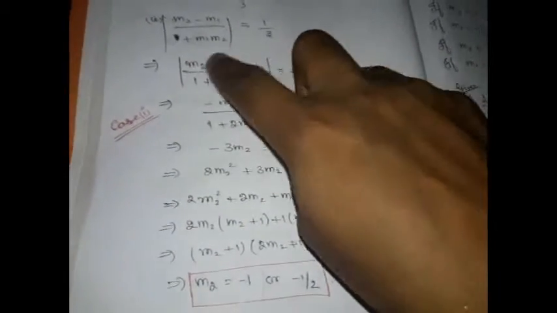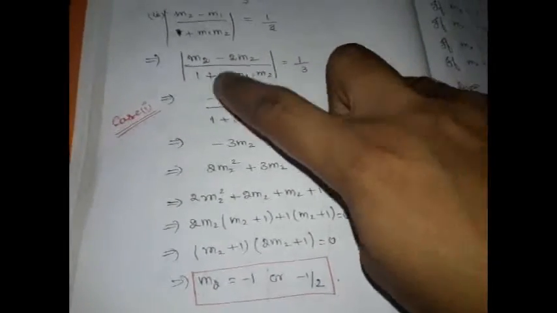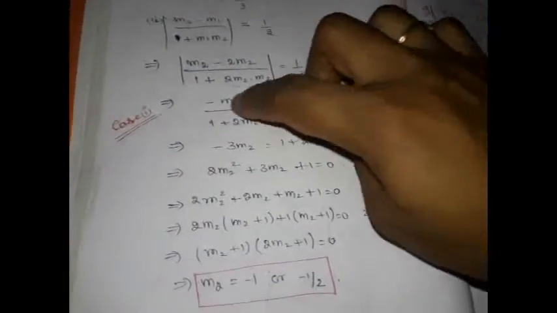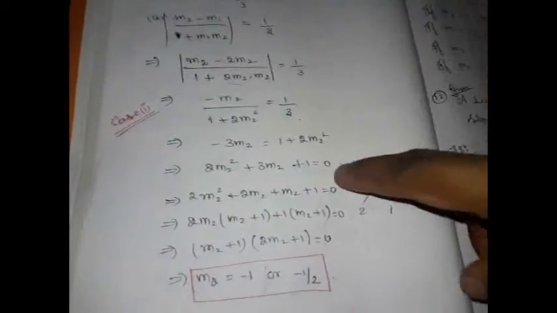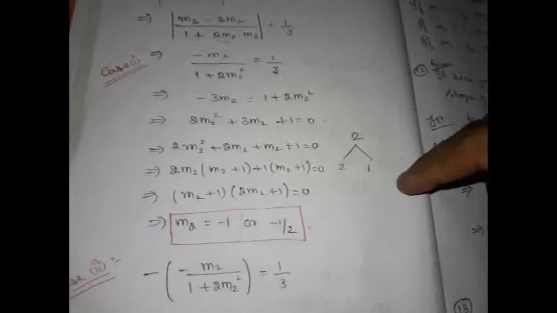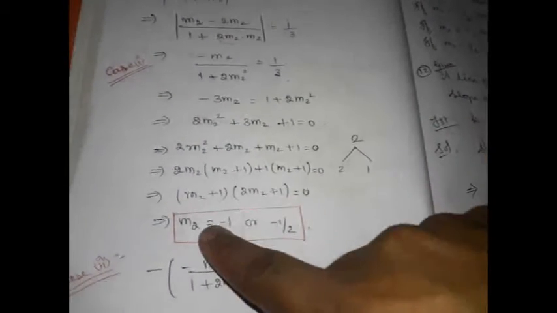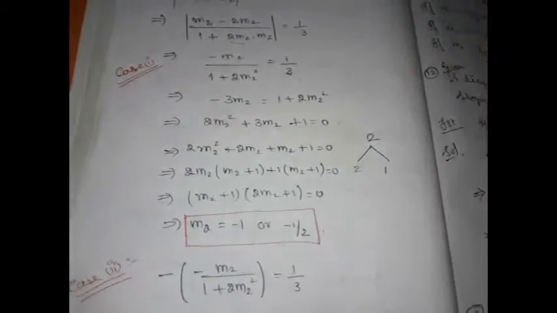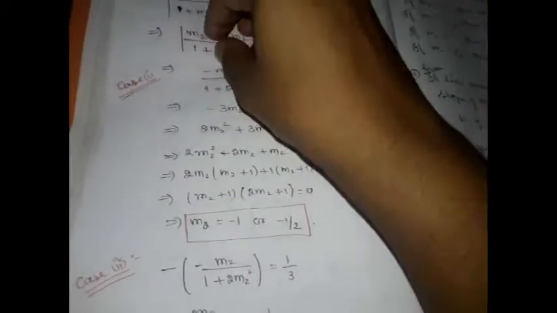First we take this value as positive. What is this value? Minus m2 divided by 1 plus 2 m2 square. Now cross multiply this and simplify. We got a quadratic equation. I have factorized it by splitting the middle term. We got m2 as minus 1 or minus 1 by 2. Our next case is what will happen if this value is negative.